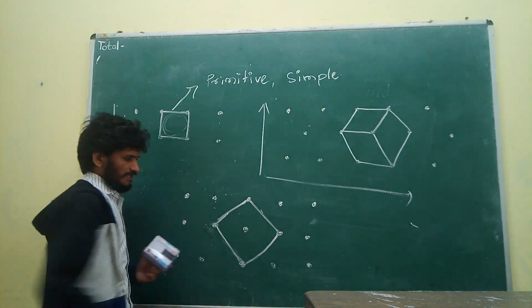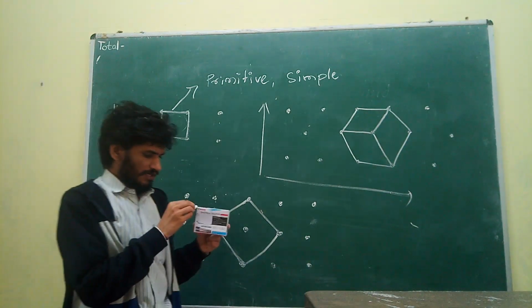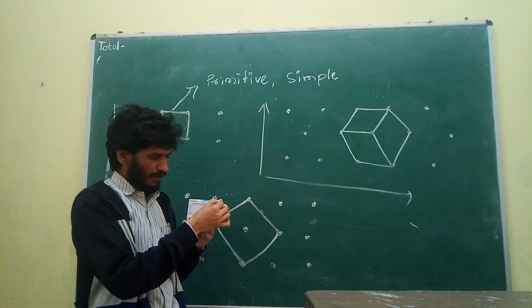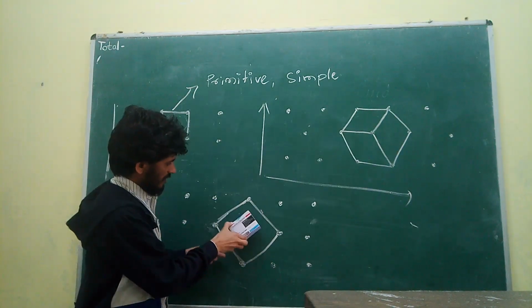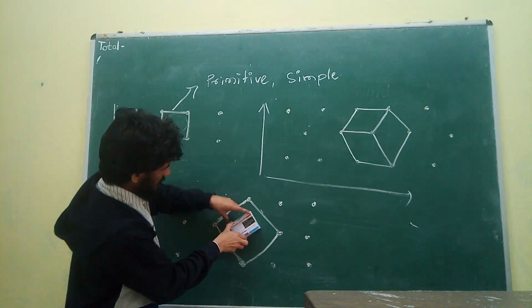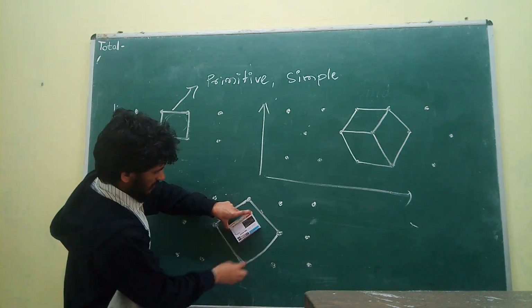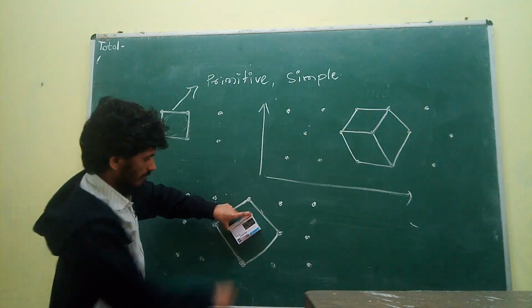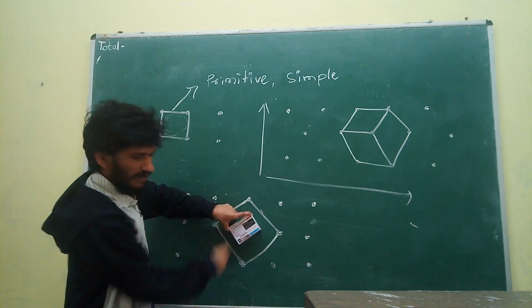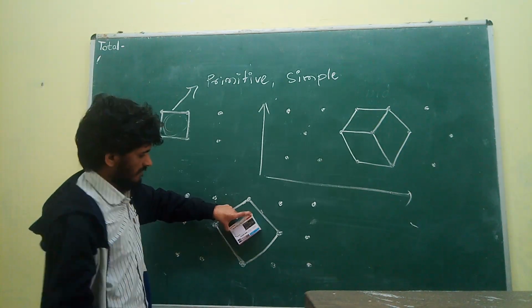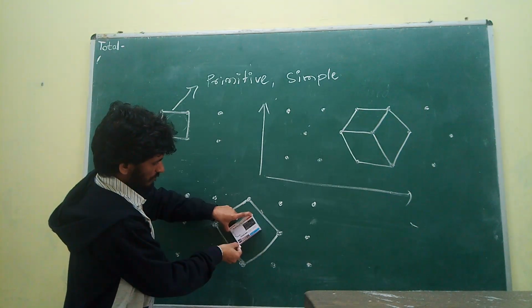But in these unit cells, we take an example: here one particle is present, here one particle is present. If we take this as a rhombus, this corner shows one, this corner one, and this corner one, and this corner one. In a rhombus, all the 4 edges have the same length.